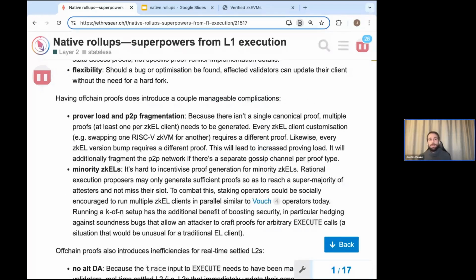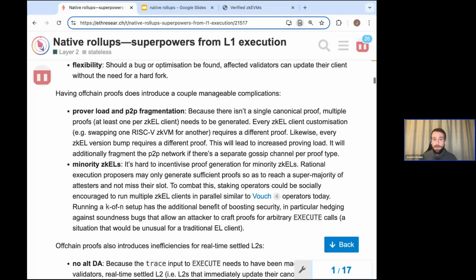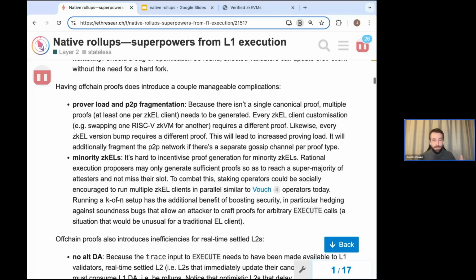Okay, so now let me talk about some of the challenges with this design, where the proofs are gossiped off-chain. One of them is that there's more prover load, and the reason is that for every zkEL client, by the way, EL means execution layer, so for Geth, for Reth, for Besu, you would need at least one proof for each of these clients.